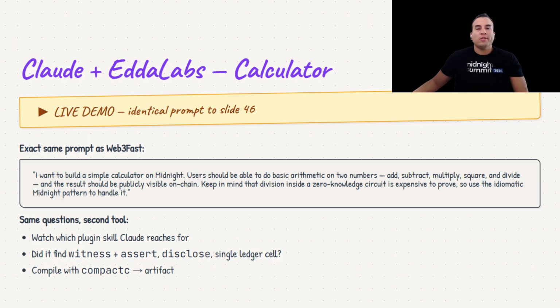Okay, let's do again the first example, the calculator, but this time using Claude Code with the DApp-scoped plugin. In this slide, you can see a brief summary of what we're going to do. Okay, let's switch to the terminal.